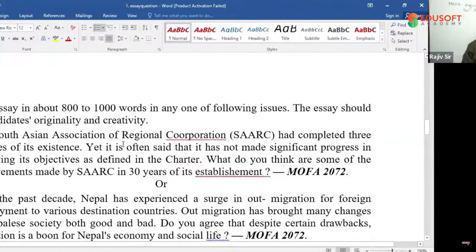The South Asian Association for Regional Cooperation had completed 3 decades of its existence. This question was asked 8 years back, 10 years back, we can say, now 4 decades. Yet, it is often said that it has not made significant progress in achieving its objectives as defined in the Charter. Now, what do you think are some of the achievements made by SAARC in 30 years of its establishment?